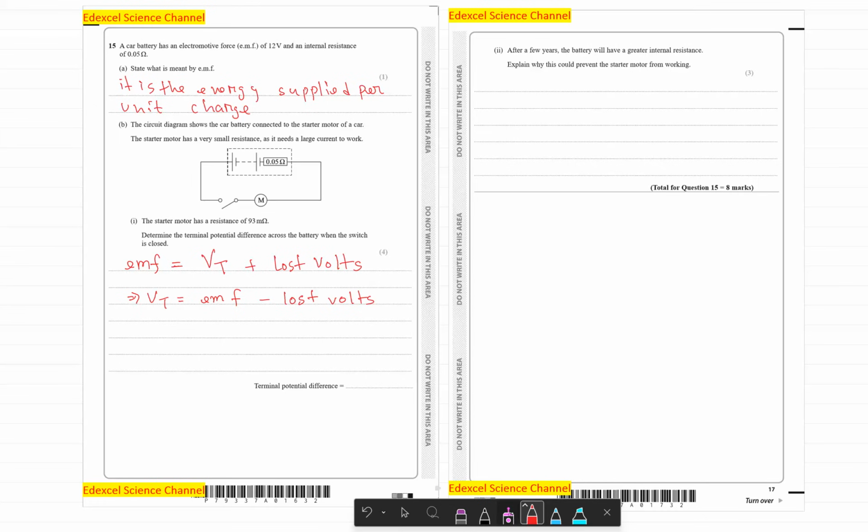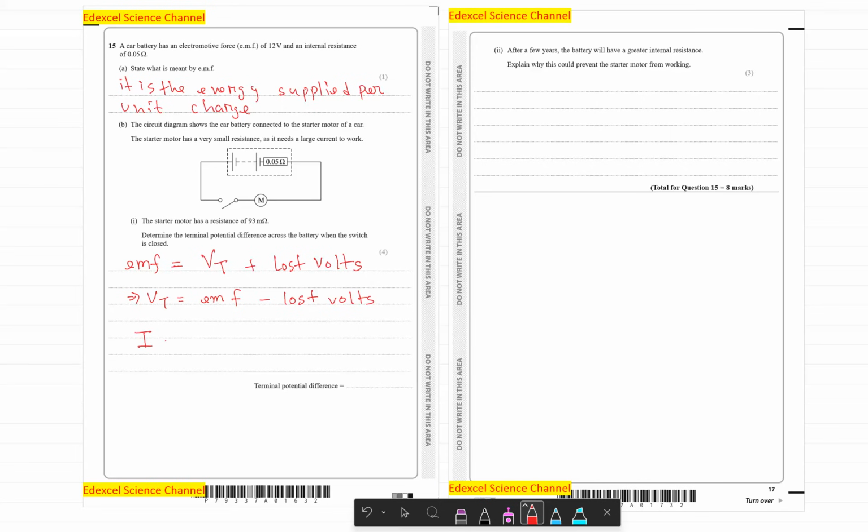Now, I know that the entire circuit has a resistance of 0.05 and this resistance added together. They also have a voltage of 12. So now I can find out the current.